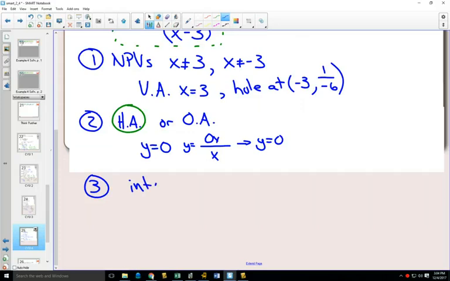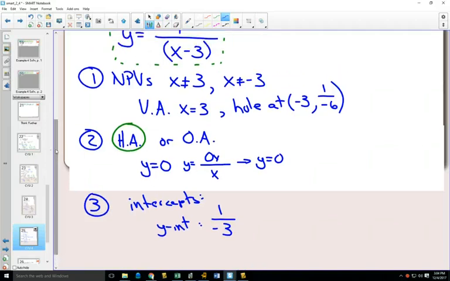Intercepts. Starting with your y-intercept, if you plug in 0 for x, you will get 1 over negative 3. Again, I plugged 0 into the new simplified one. You might notice that if you plugged in 0 into the original one, you also got the same thing.